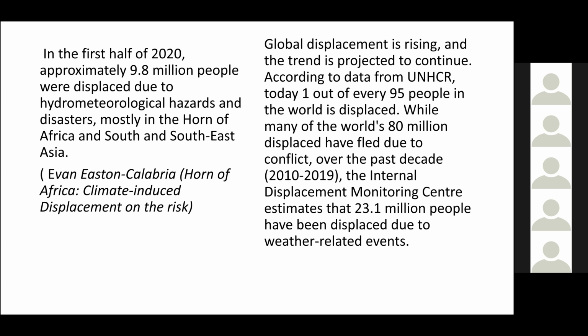According to data from UNHCR, today, 1 out of every 95 people in the world is displaced, while many of the world's 8 million displaced have fled due to conflict over the past decade. In total, 23.1 million people have been displaced due to weather-related events. It's a lot of people.